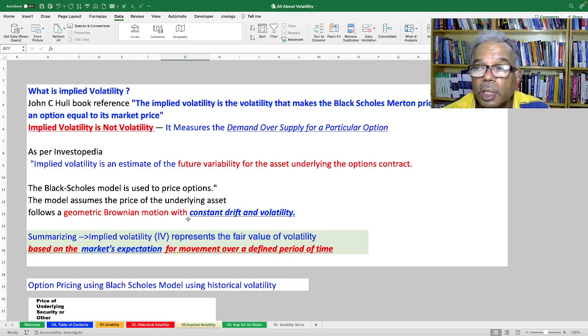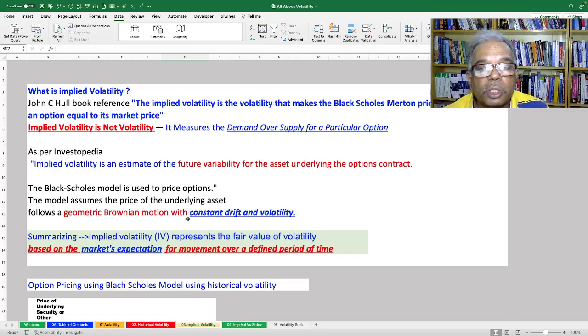Basically, it measures the demand and supply of a particular option, whether it's a call option or a put option. The higher the implied volatility, the option price could go up in future, and the lower the implied volatility, the option price could come down.